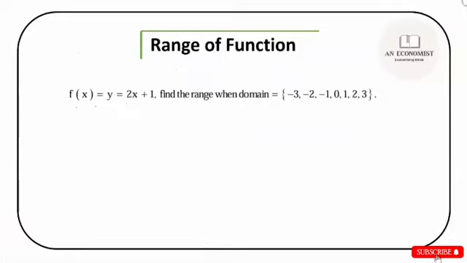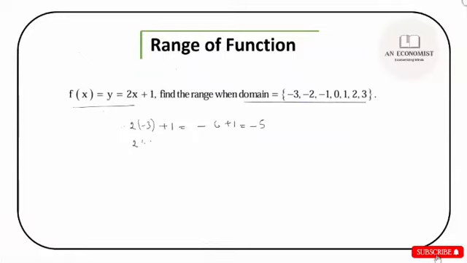We have another question, y is 2x plus 1, find the range when the domain is given as this. So here what you need to do, you have to put in the x values one by one and see what is the y value. Put -3 here, you will have -6 plus 1, -5.